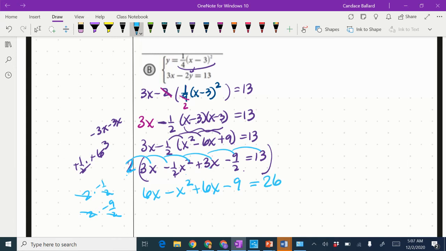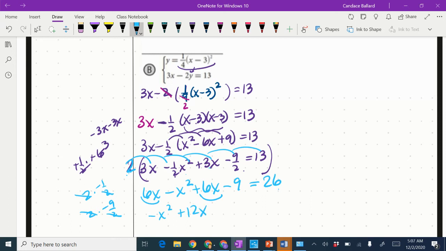And woohoo, the fractions are gone. Now we're back to solving a quadratic the way we normally do, and I'm going to combine like terms and get it equal to 0. So I am going to put together 6x and 6x, which is going to be 12x.